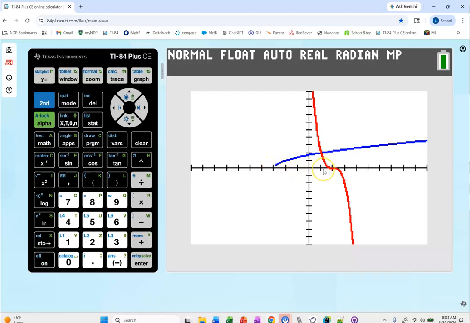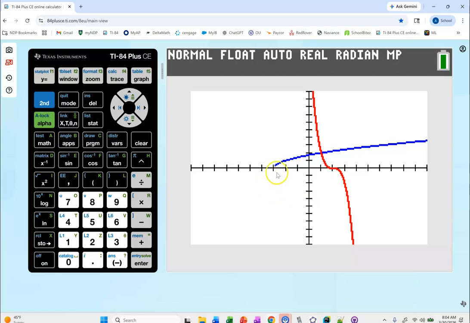So to do this, what I'm going to do is break this into two integrals. So I want the area under the blue curve until they intersect. And then I want the area under the red curve until it hits the x-axis. Everybody good?